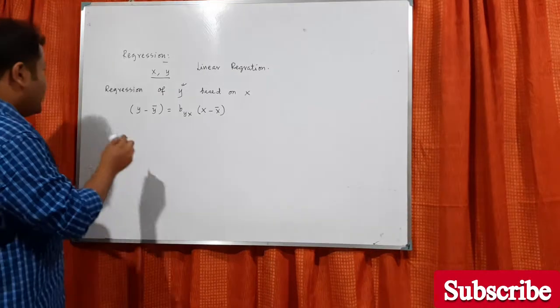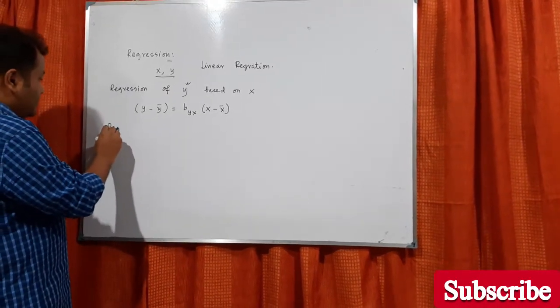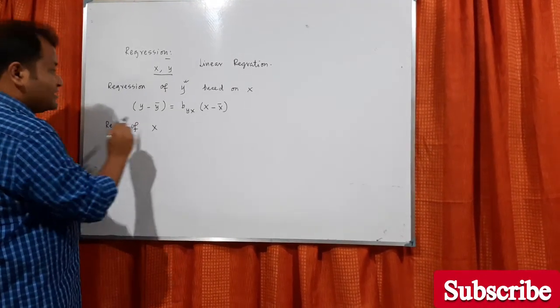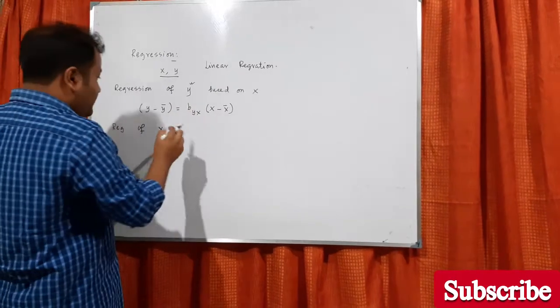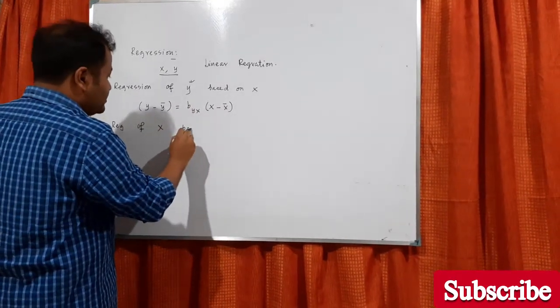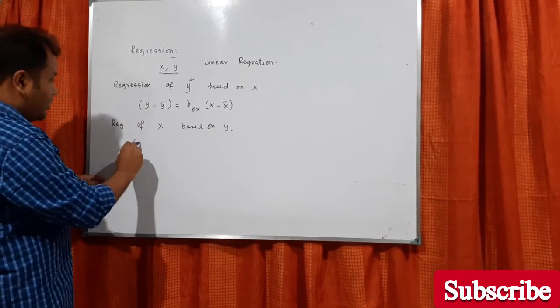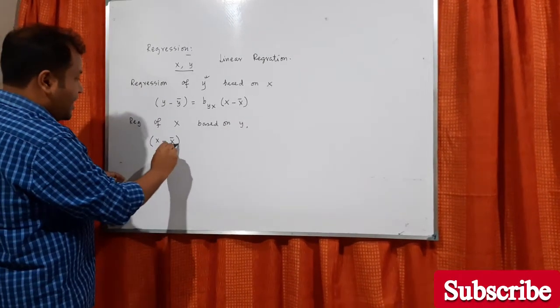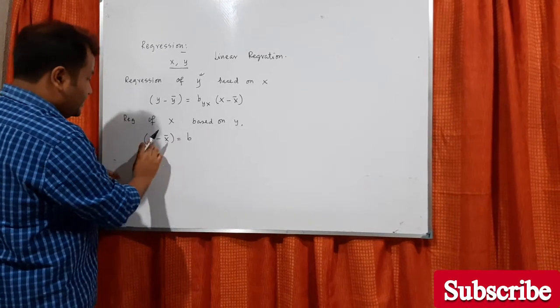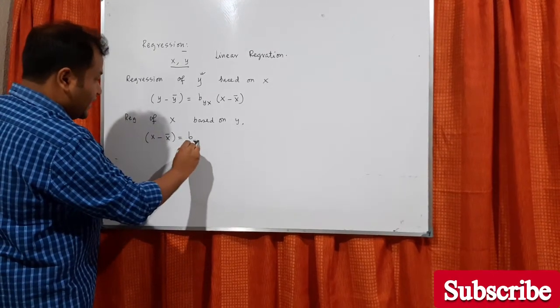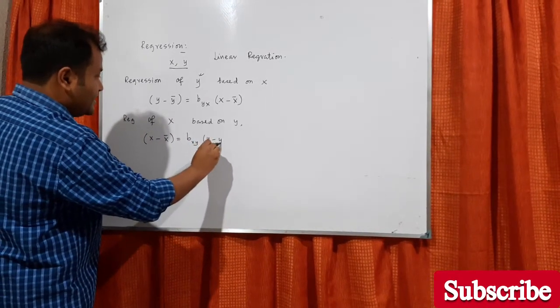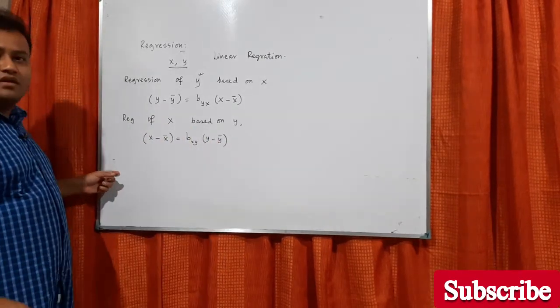Now if I do the reverse version, the regression of x based on y, what will be the form? x minus x bar equals b_xy times (y minus y bar). Now x is on the left hand side. Understand?